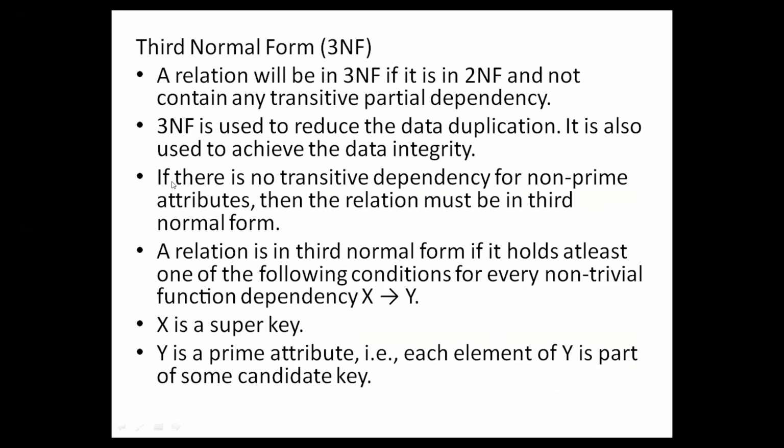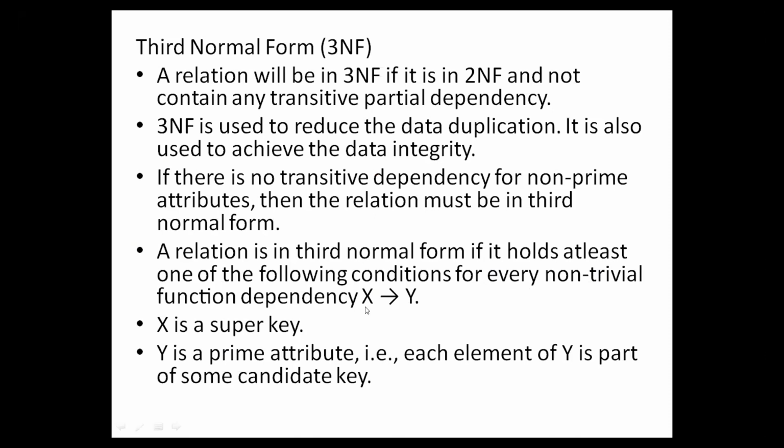And next is your third normal form. For a relation to be in 3NF, it has to be in 2NF, right? And it does not contain transitive partial dependency. So you know that second normal form is full functional dependency, right? So this is what you will be doing here. You'll have to check for a functional dependency.